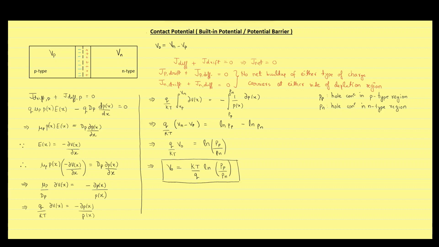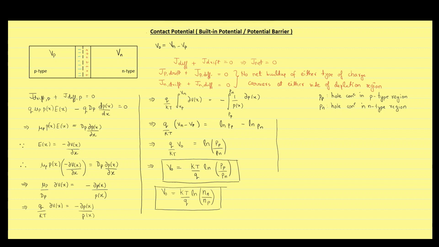If we apply the mass action law and convert the hole concentration into electron concentration, then we will get another formula for contact potential, which is equal to kT/q into natural logarithm of free electron concentration in N-type region divided by free electron concentration in P-type region.